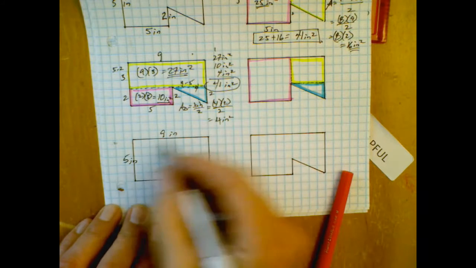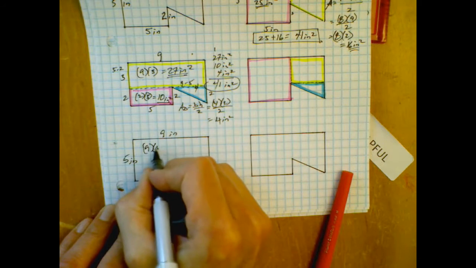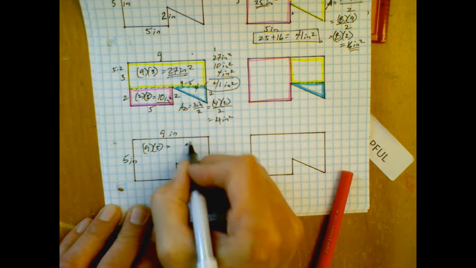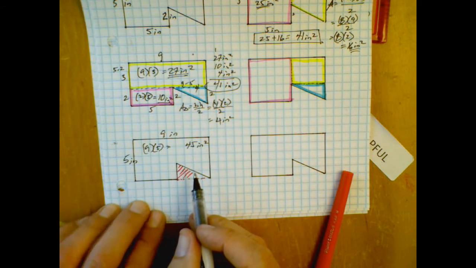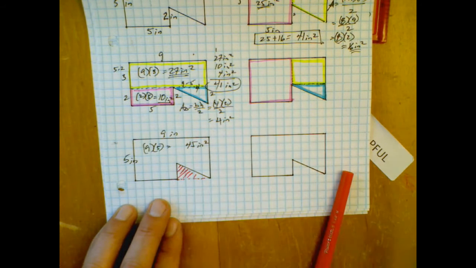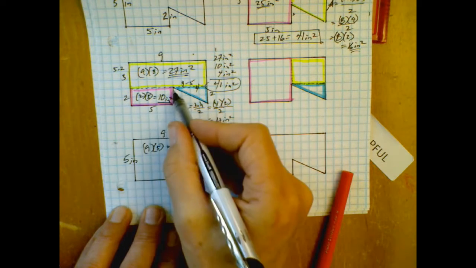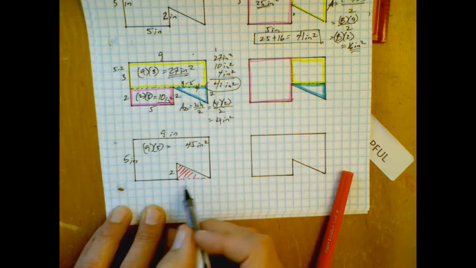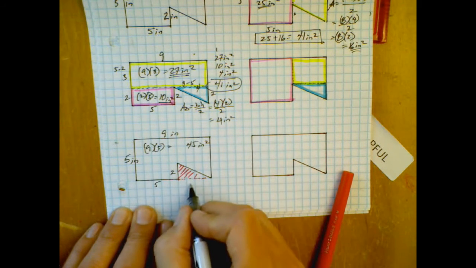So my whole large rectangle is 9 times 5, or 45 inches squared. My triangle is going to have the side here of 2. That carries over from this measurement. And then this side here is going to be 9 minus the 5. So my height is 4 inches.